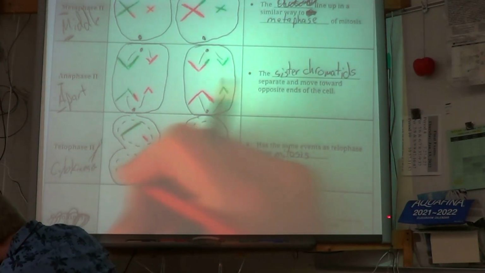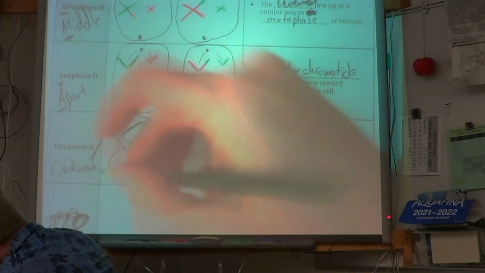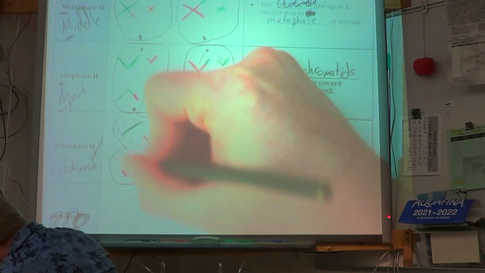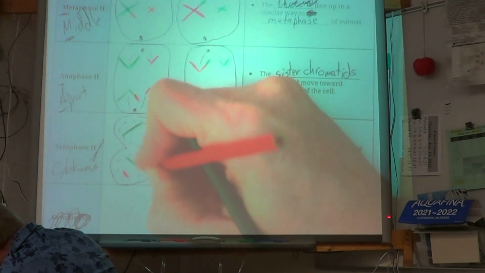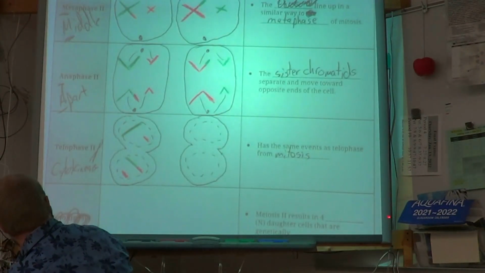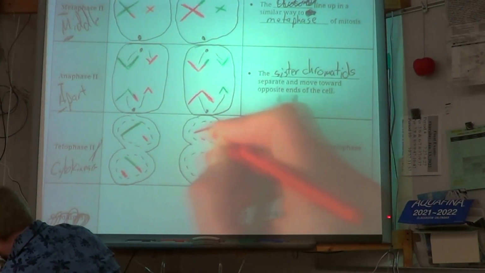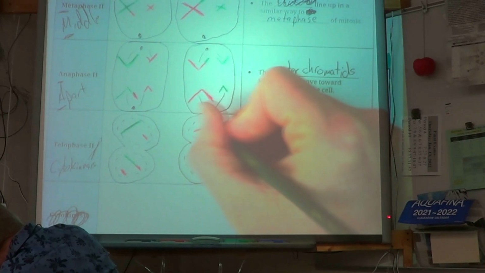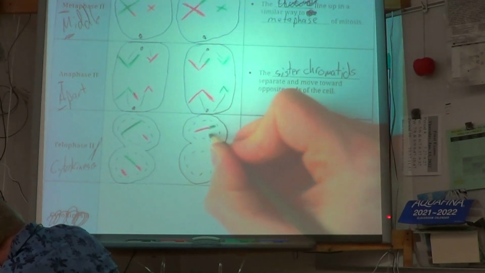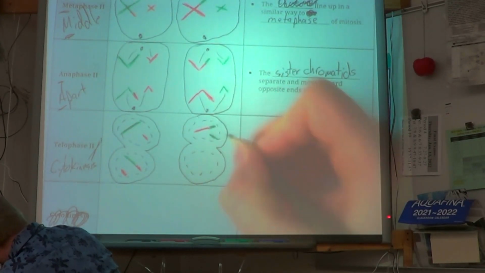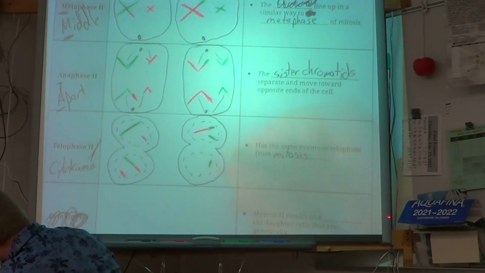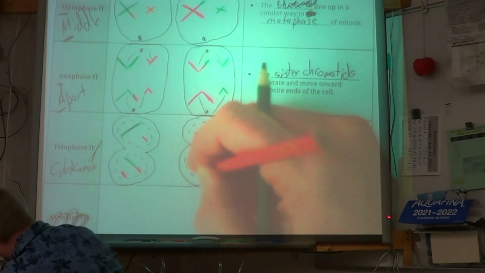And I get a little red in the bottom one, and I get a big green one that has a little bit of red on the bottom because of that crossing over event. Then in the top one over here, I get a big red with a little bit of green and a little green. And I get a little green and a big red.